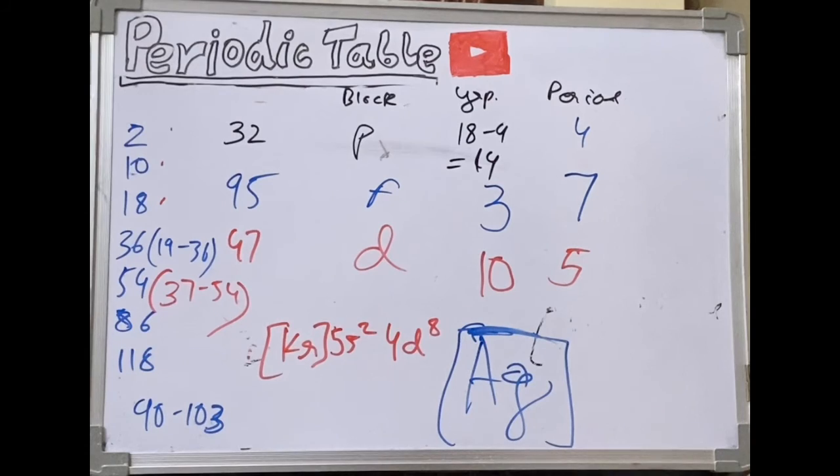So we studied the block elements, the nomenclature of elements having atomic number above 100, and also discussed how you can place them into groups, periods and blocks. Now in the next class we are going to study the periodic properties in the periodic table, which are atomic radius, ionization potential, electron affinity, then electronegativity.